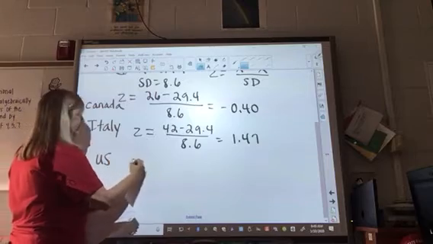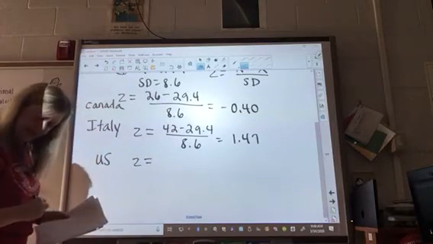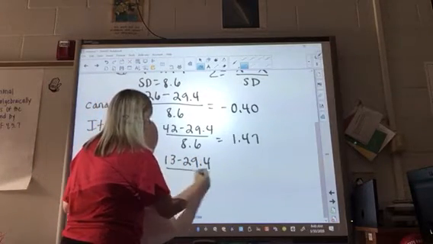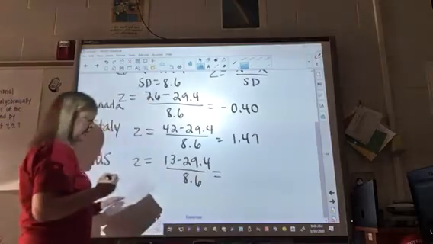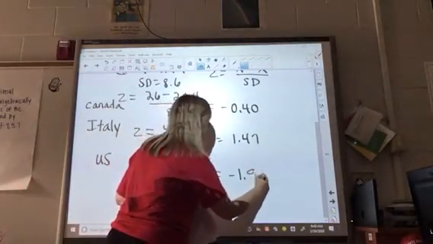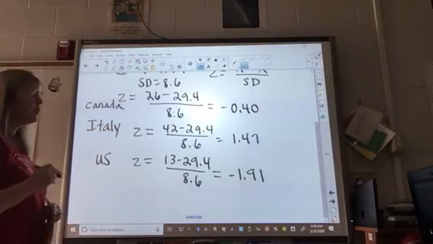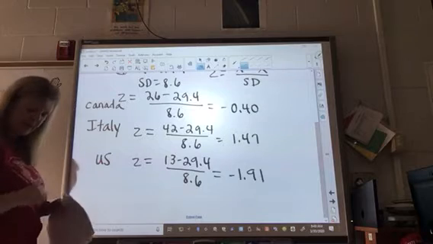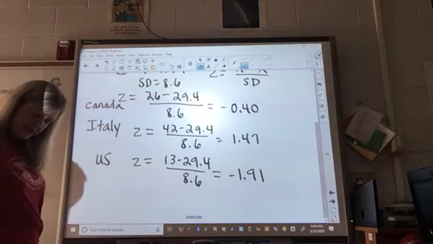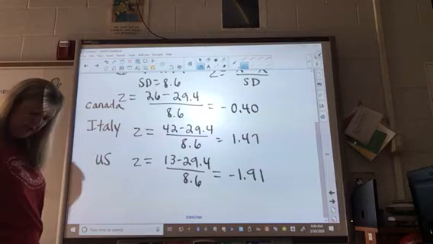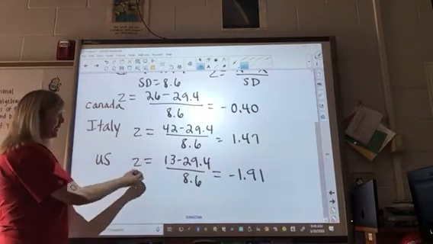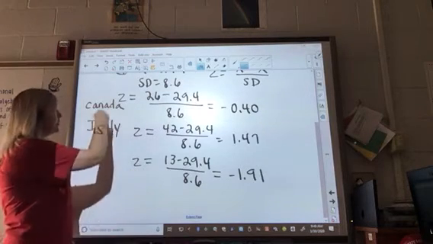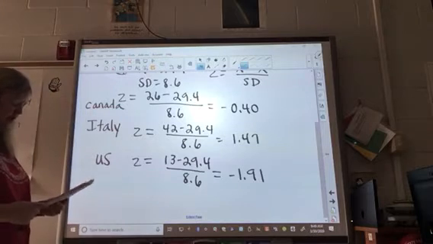And the US, their number of vacation days is 13. That gives me negative 1.91, which means 1.91 below the mean. So if we think about it, the US has the least favorable number of vacation days compared to Canada and Italy.